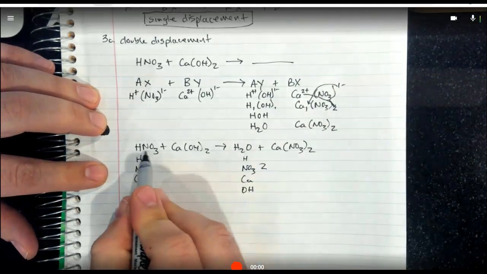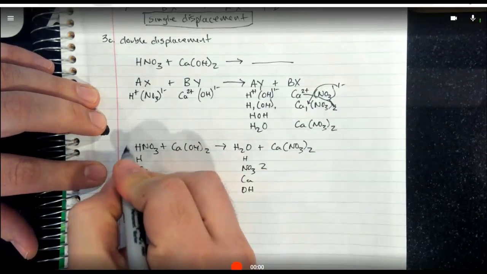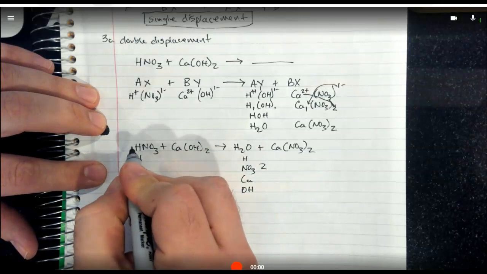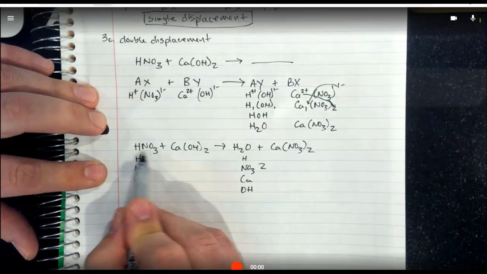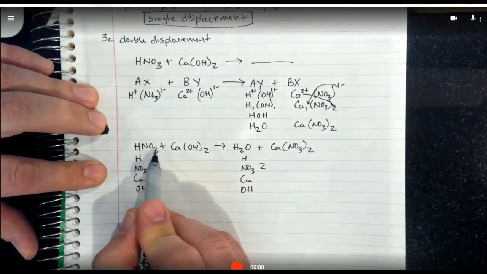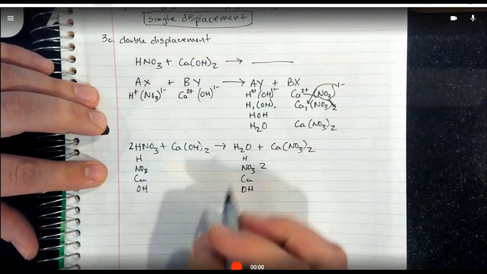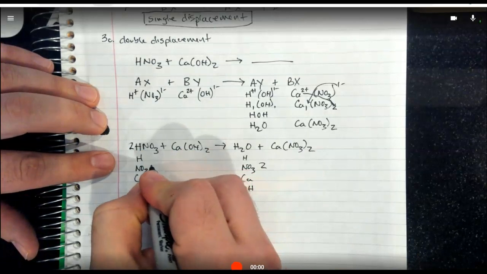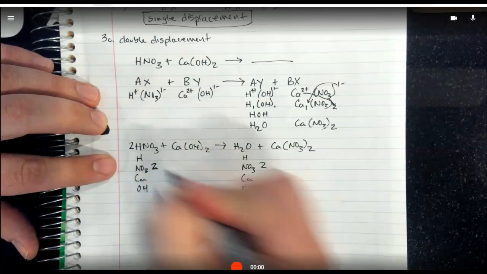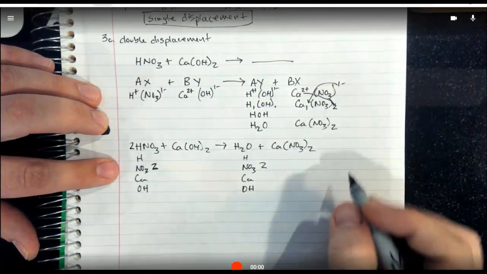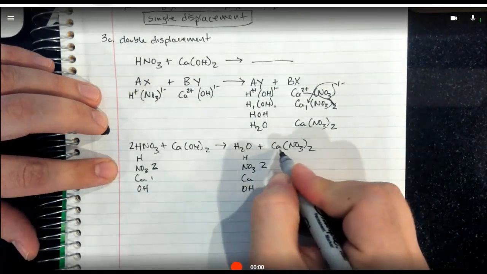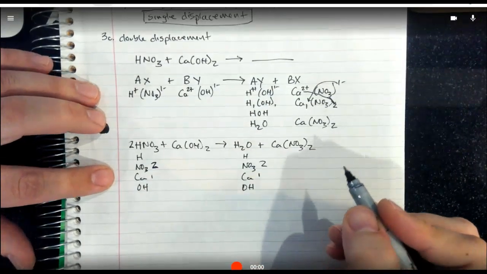On this side right now we only have 1, so we need to change the coefficient. Remember, we can only change the coefficient. Once we have the proper chemical formula, we can't change subscripts. We can only change the coefficient. So we put a 2 in front of our nitric acid, and that gives us 2 nitrates. Calcium, we have 1 calcium, we have 1 calcium.